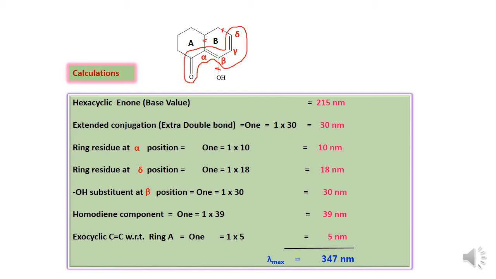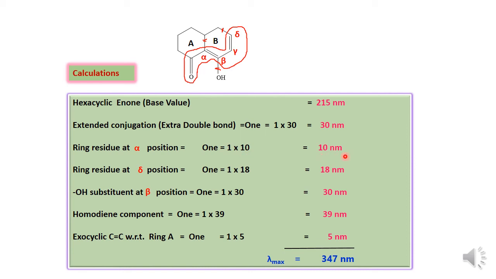So for enone systems, you have to add according to their positions. We have to see first the positions, and then as per the positions you have to give the increments. For the alpha position, one ring residue, so you have to add 10 nanometer.